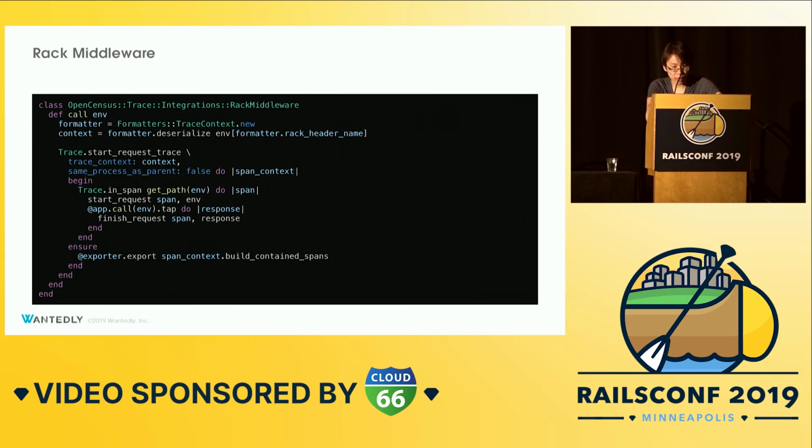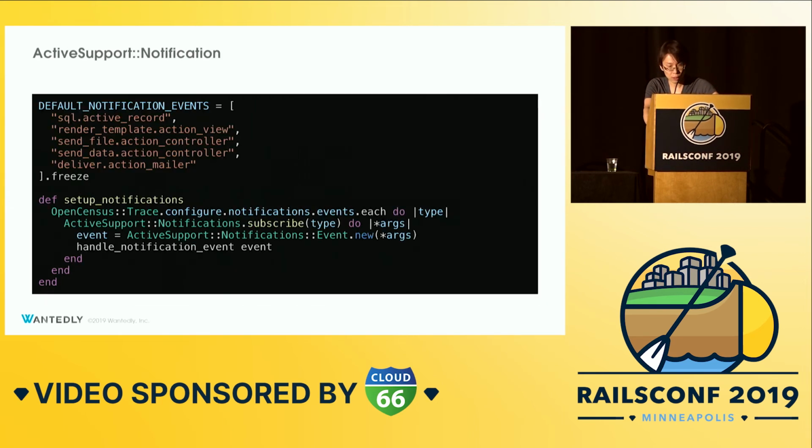Then, when the response is made, within this middleware, it taps the result and populates more data onto the span from the response, for example response header and response size. And finally, it tells the exporter to export all the spans created during the course of the response being made for a request.